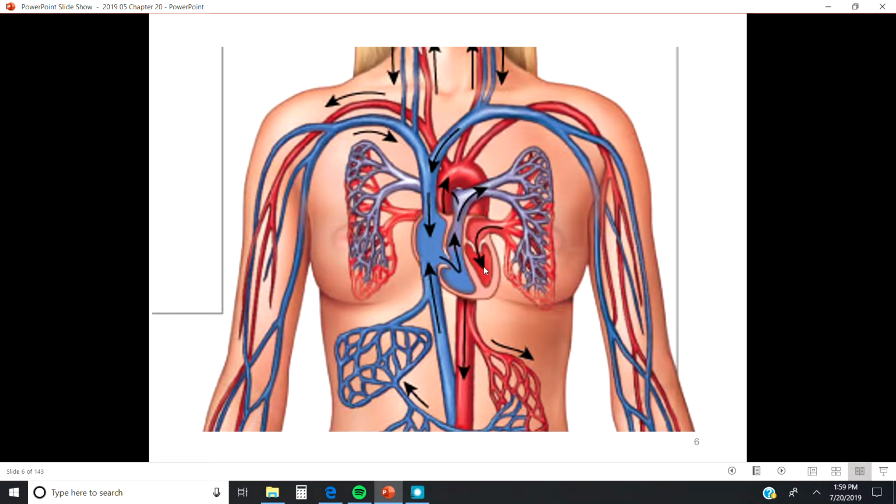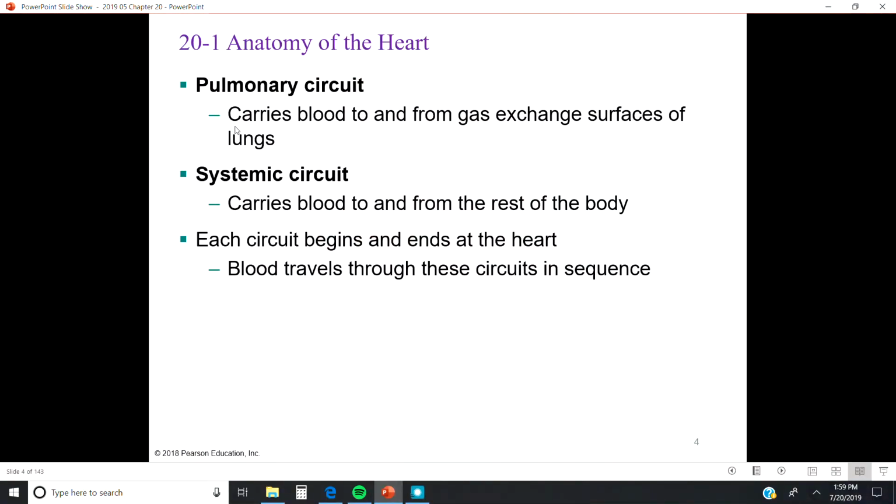Notice it's coming back to the left side of the heart oxygenated. This movement of the blood to the lungs and then back to the heart is known as the pulmonary circuit. So that's the main thing about the pulmonary circuit. Remember, it's going to be bringing the blood to the lungs and then back to the heart from the lungs.